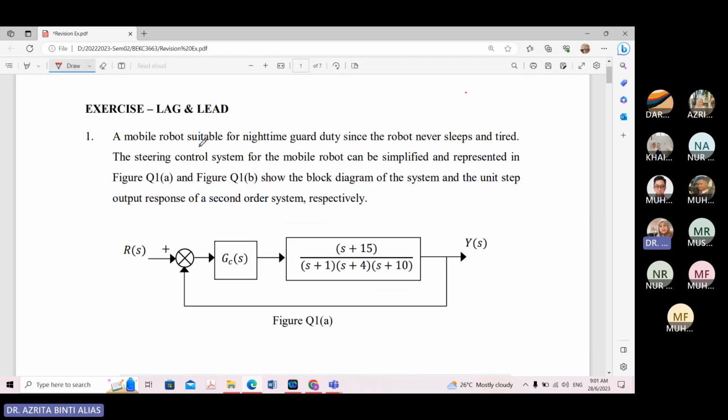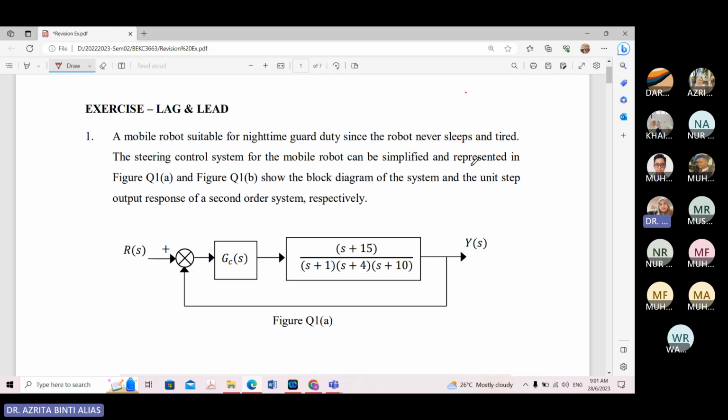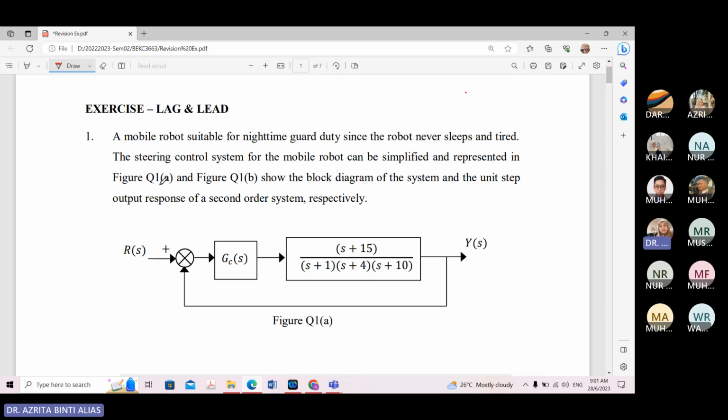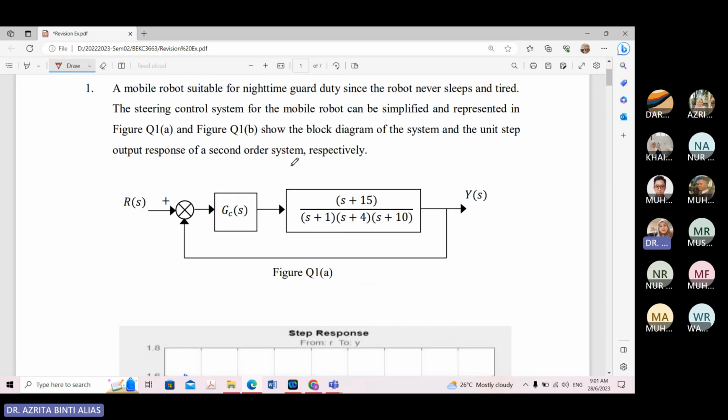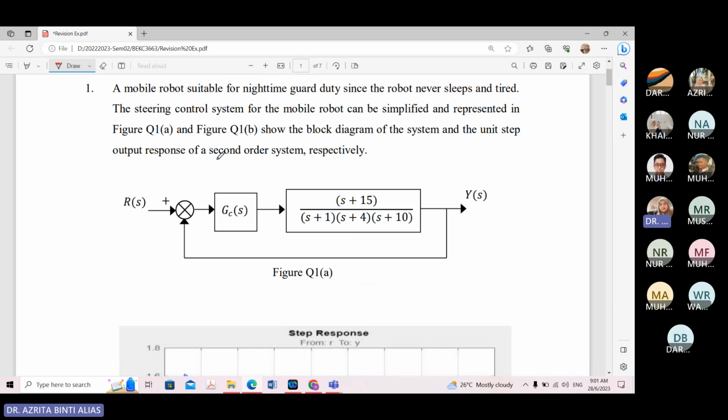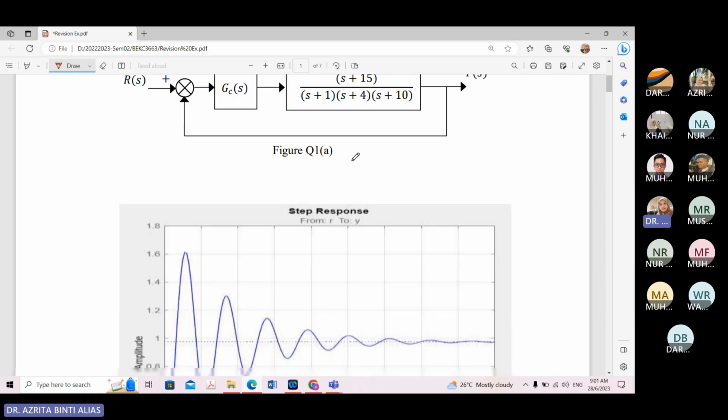A mobile robot is suitable for nighttime guard duty since the robot never sleeps and never gets tired. The steering control system for the mobile robot can be simplified and represented in figure Q1A, and figure Q1B shows the block diagram of the system and the unit step output response of a second order system respectively.